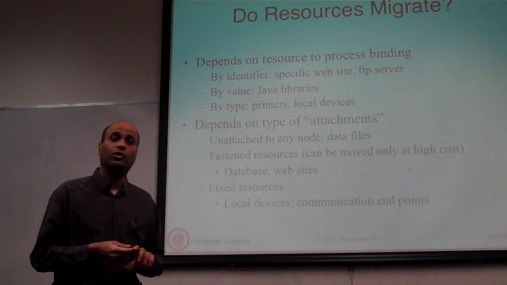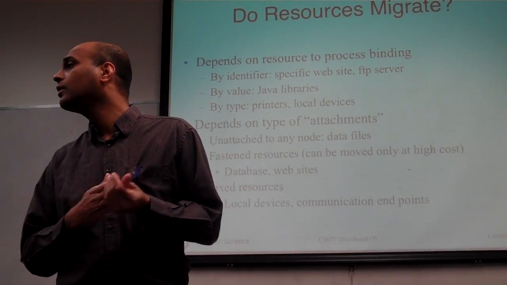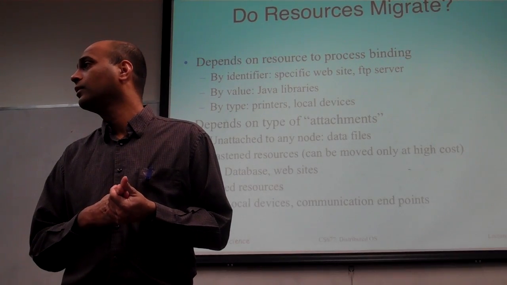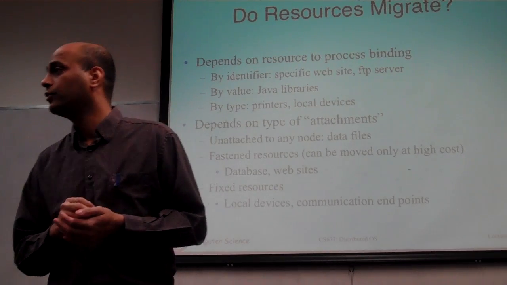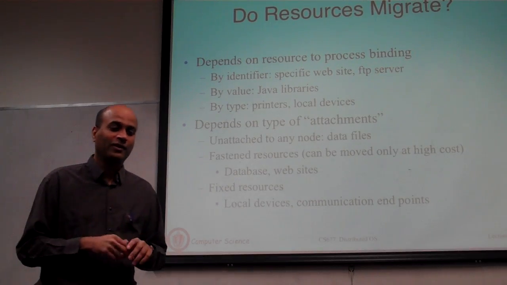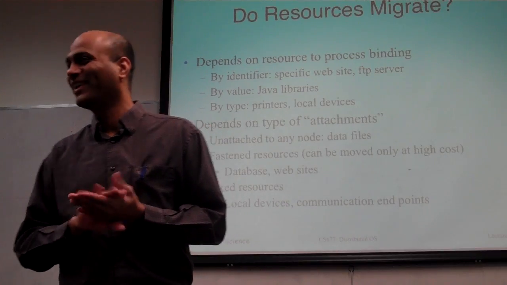And that's one approach. What other approaches can you think of? Yeah. You could have some middleware approach where you don't let the process actually touch real resources in the first place. And then what happens after you move it? Middleware figures it out, so you let somebody else deal with the problem. That's a good approach.